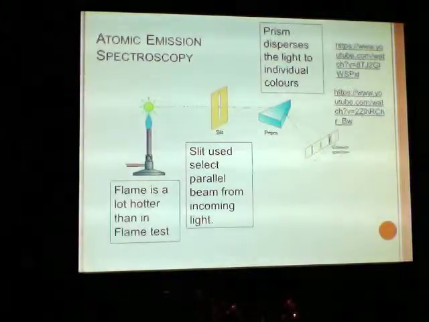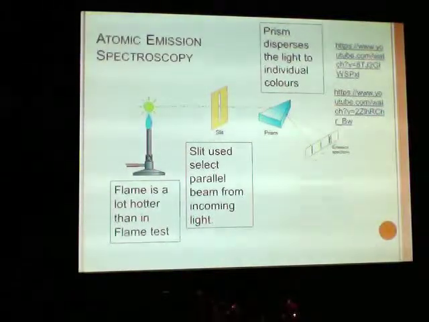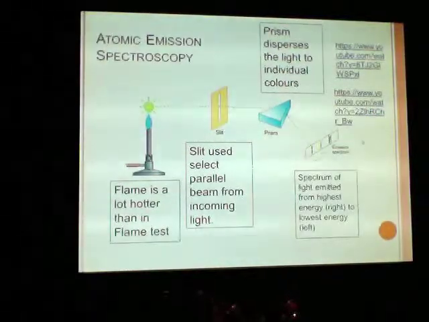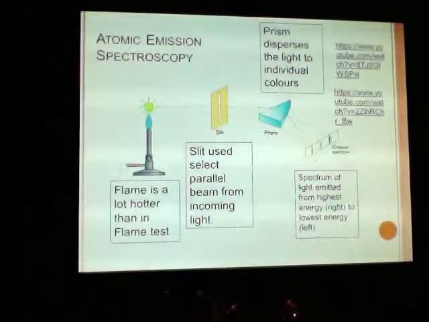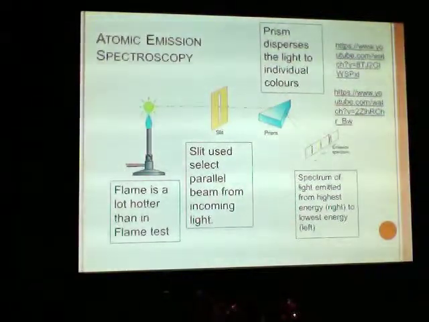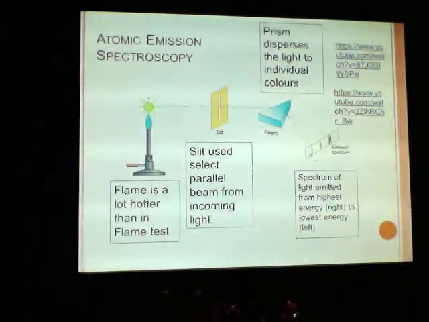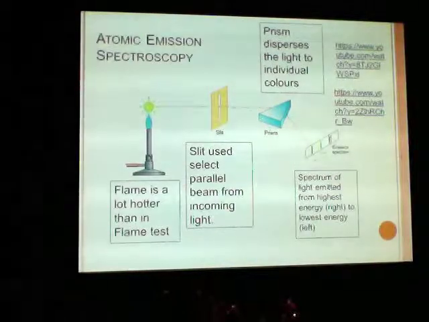I'm not sure which one would mask what, but if we actually use a prism, we can split it up. So the spectrum of light goes from highest energy, which is violet, to lowest energy and largest wavelength, red.